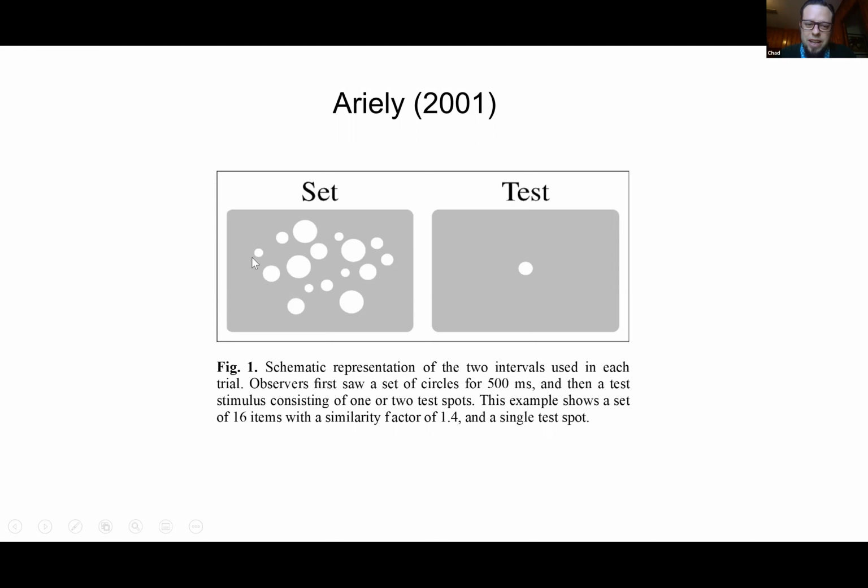The 500 milliseconds with these homogeneous stimuli, just varying in one feature, unidimensional, they really can't do this task. But if you ask them on other trials, which O'Reilly did, is this larger or smaller than the average circle? They're excellent at that. And they're excellent at that for a long time. Doesn't seem to decay. So that's really striking.